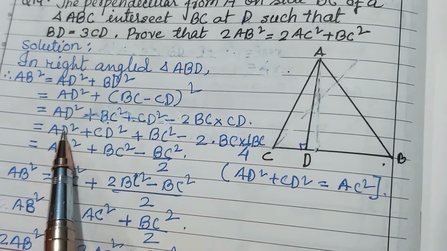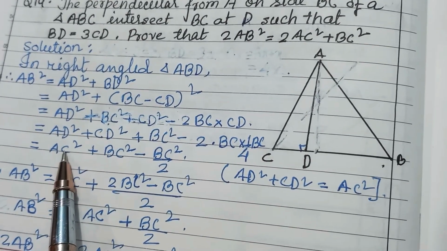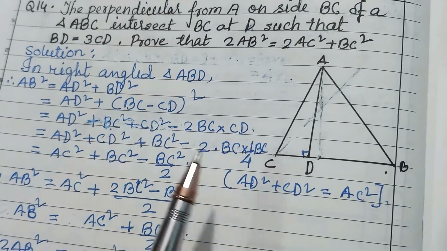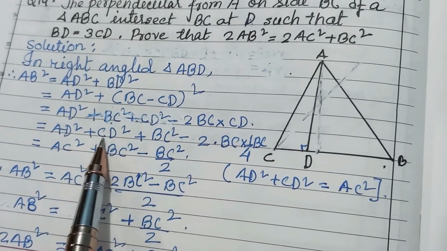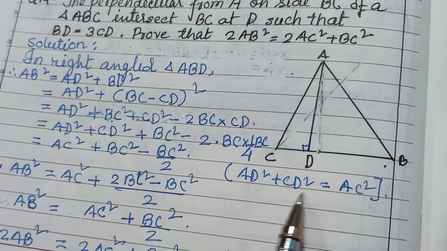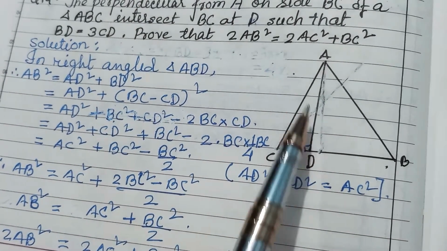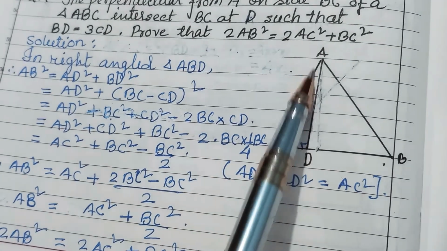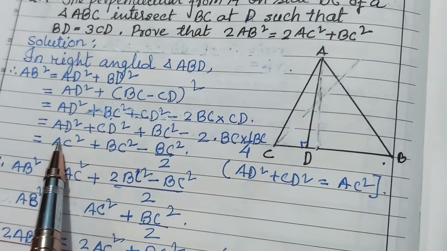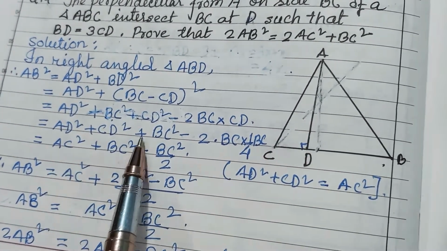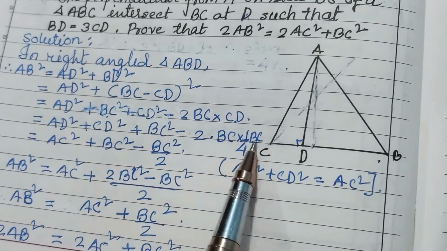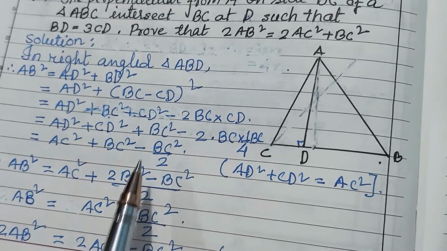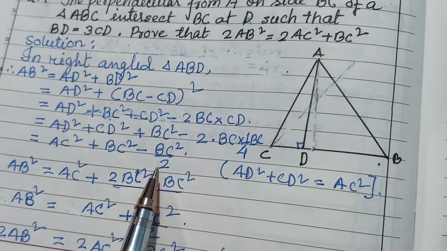Now it is AC square plus AD square plus CD square, this much part. You check it. AD square plus CD square equal AC square by Pythagoras theorem. So it is AC square plus BC square minus BC square upon 2.